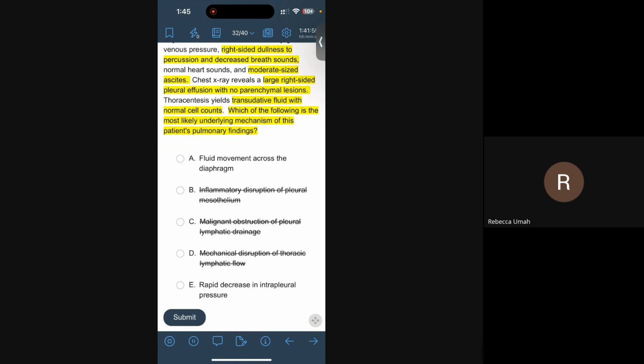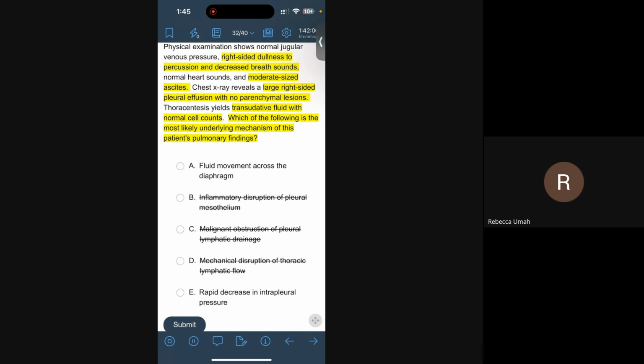A rapid decrease in intrapleural pressure also leads to transudative pleural effusion. In what lung pathology would you see a rapid decrease in intrapleural pressure?